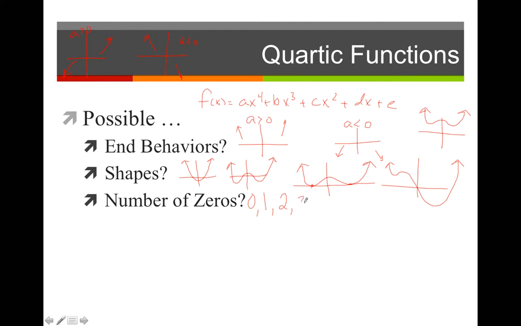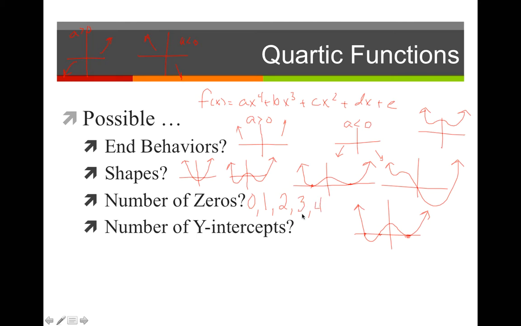I could also make one that has 3 x-intercepts if I just try a little bit harder. If I go like this, there's 2, and there's a third one. I'd have 3 x-intercepts. And I could have one that's 4, like this one right here. But again, you can only have a single y-intercept. You couldn't be a function if you had more.